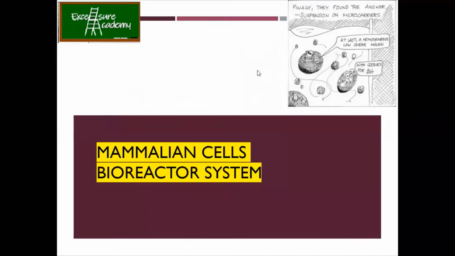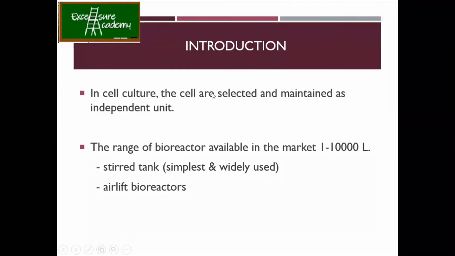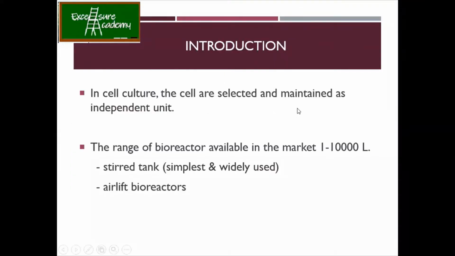So in cell culture, the cells are selected and maintained as an independent unit. This we know. Now in the case of a bioreactor, how much volume can you use? 1 to 10,000 liters. Can you imagine the size of the bioreactor then, right? It is 10,000 liters. There are two types, the stirred tank and the airlift bioreactor.